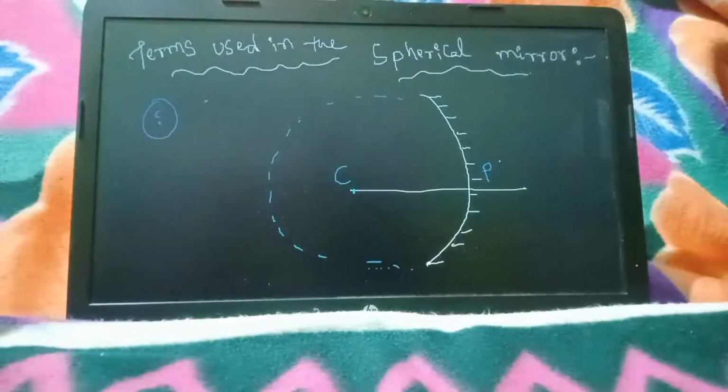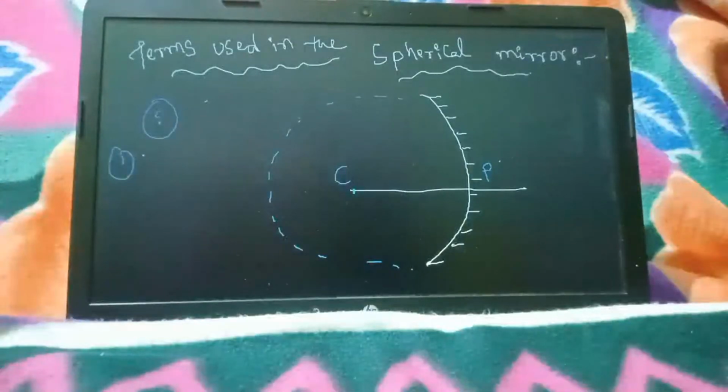We are assuming this is a complete sphere. It is the center of the imaginary sphere in which the mirror is a part. So that's why it is called the center of curvature.